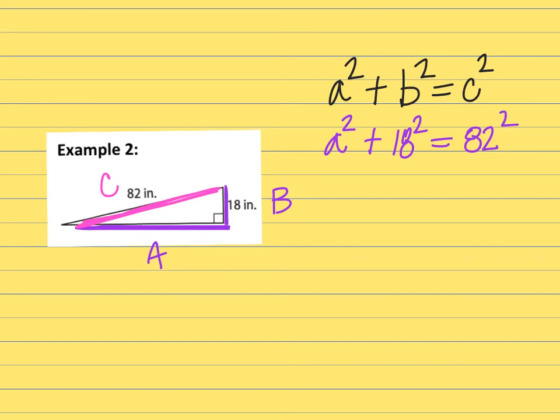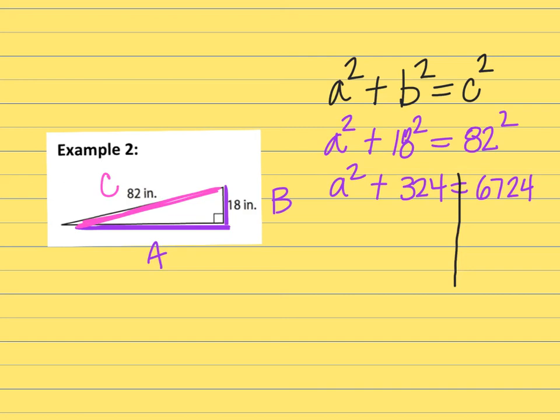Now if I simplify those exponents, A squared is going to continue to stay a variable, but 18 times 18 is 324. And then 82 times 82 is 6,724.